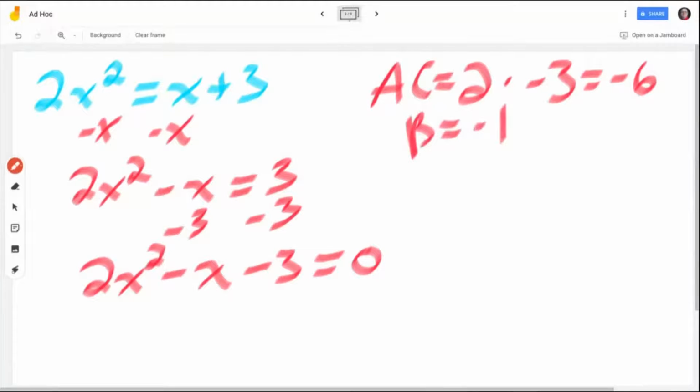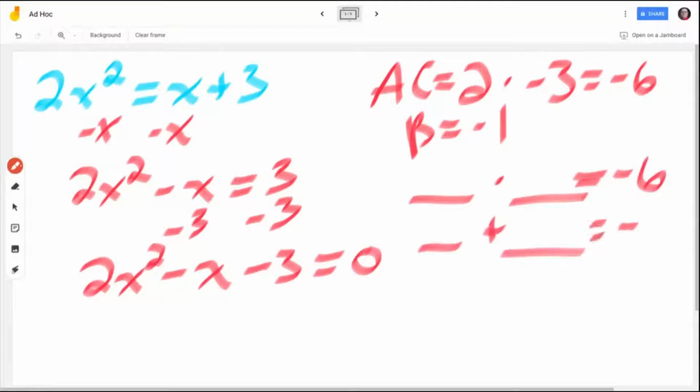So what we want are two terms that multiply to give me negative 6, and they add to give me negative 1. So let's think about what those terms can be. Looks like a 2 and a 3. Well, let's see how we get a negative 1. Well, if we make the 3 negative, 2 times negative 3 will give me negative 6. 2 plus negative 3 will give me negative 1, so that's going to work out.